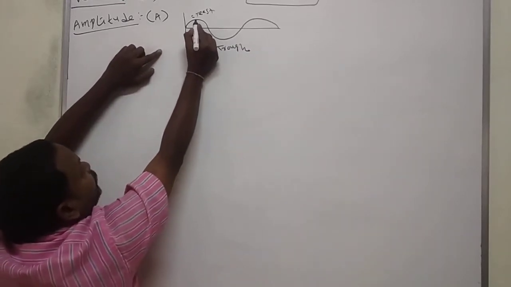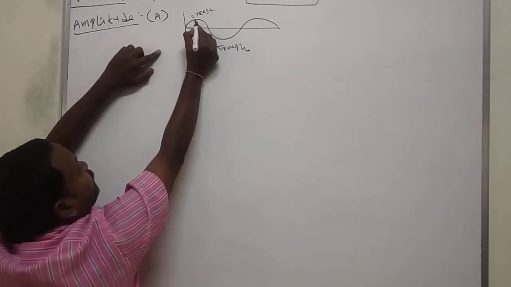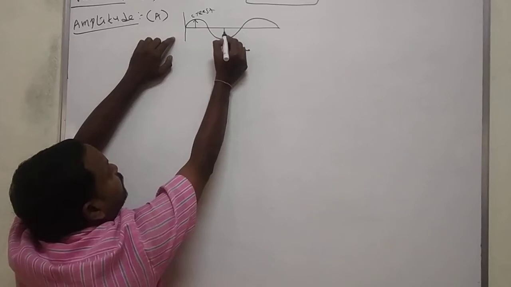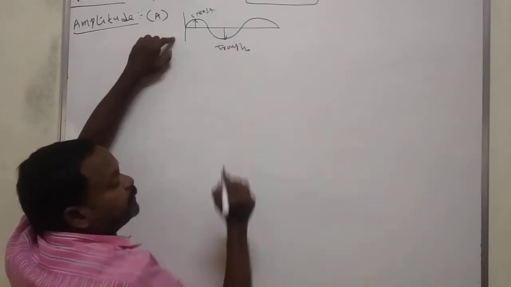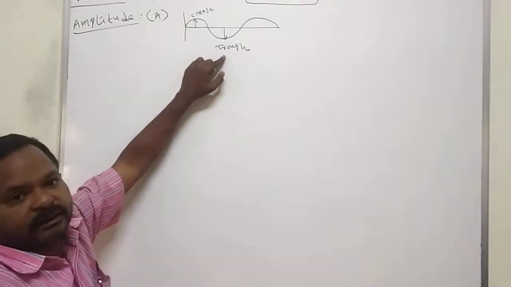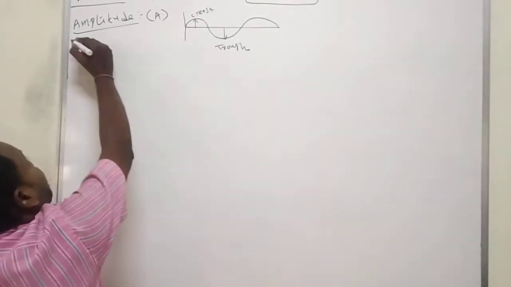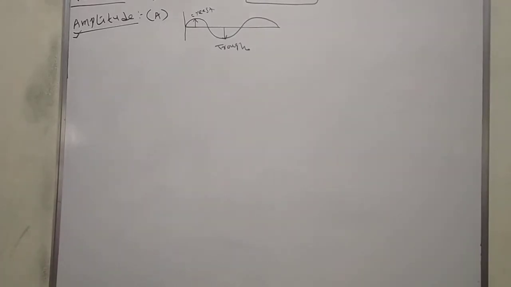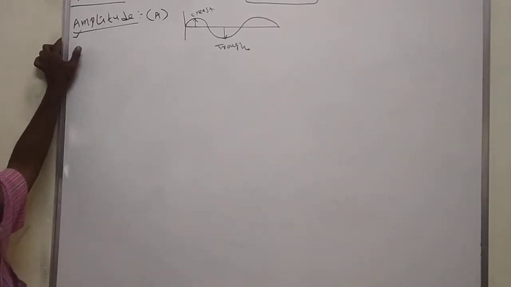The height of the crest or the depth of the trough we call the amplitude of the wave. We simply call it amplitude of wave. These are the important terms for the wave nature of light.